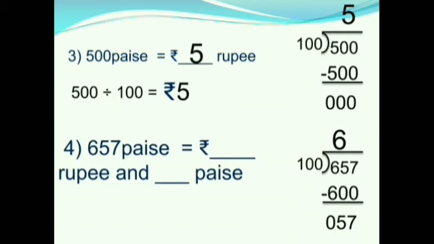Here the quotient is rupees and the remainder is paise. What is the quotient? Yes, 6 is the quotient and the remainder is 57. Therefore, 657 paise is equal to 6 rupees 57 paise.